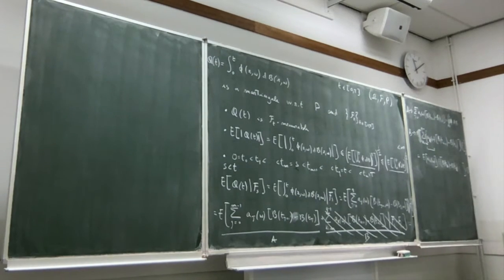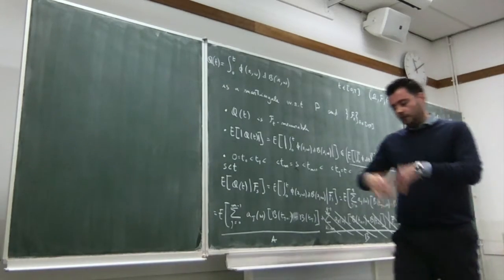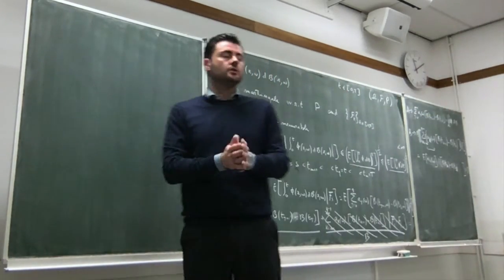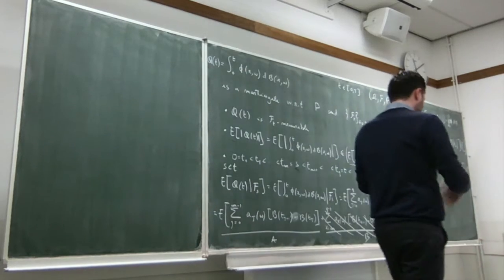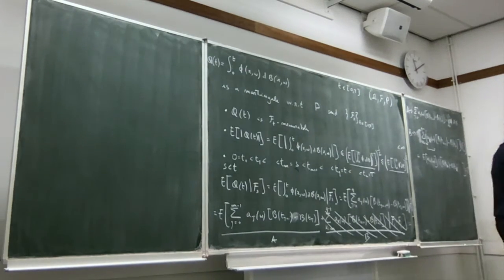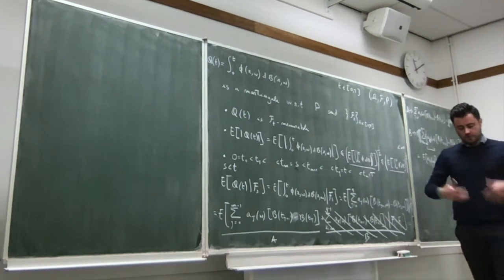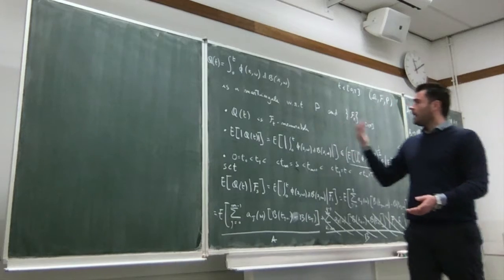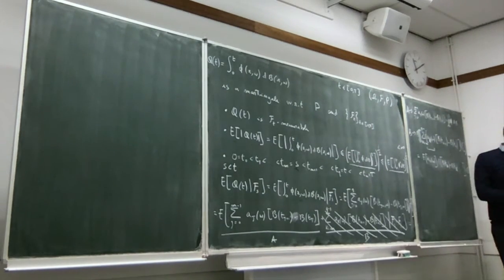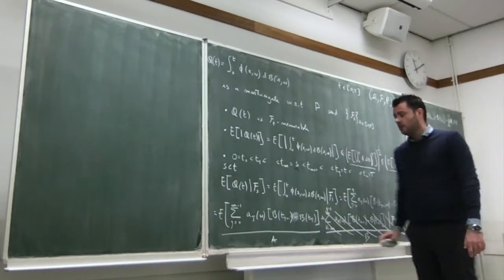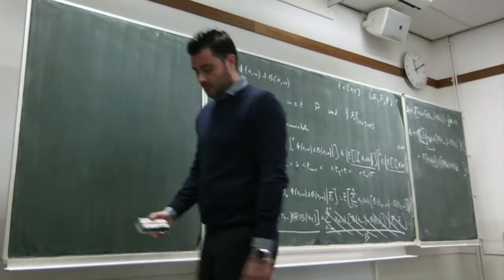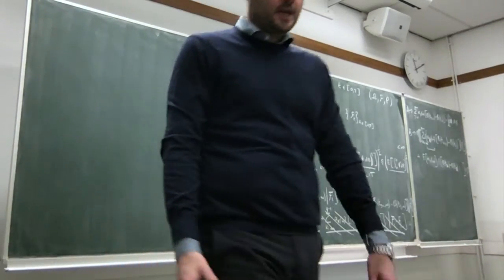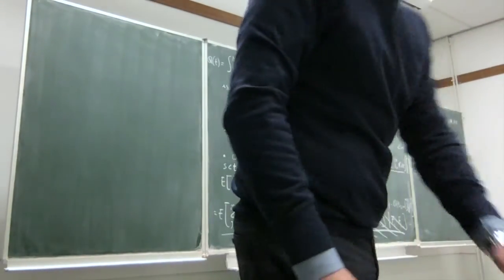So we have that actually our Brownian motion allows us to build this nice Ito integral for the simple processes, and we have that this Ito integral is a martingale with respect to P, which is the probability measure that governs the Brownian motion, and with respect to the natural filtration generated by the Brownian motion. Okay, so this is what we have in terms of martingality. So we know that it is actually a martingale.